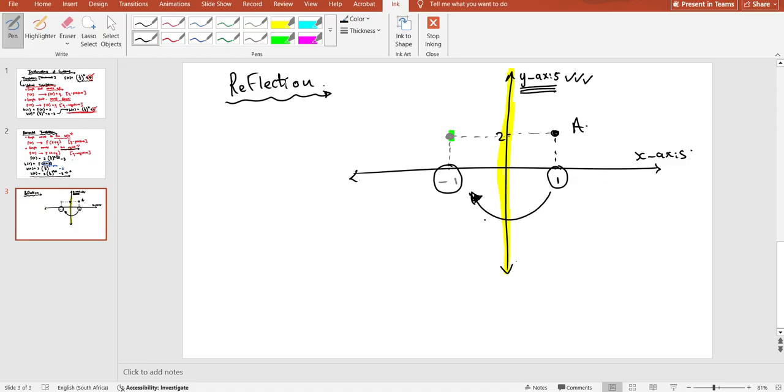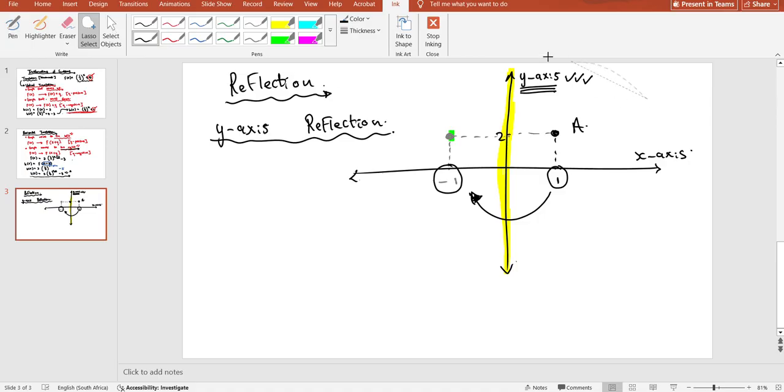So what does that tell me? It tells me that whenever I get a y-axis reflection, then the thing that's going to change in my equation is the x coordinate, or rather the x value that you have in your equation.